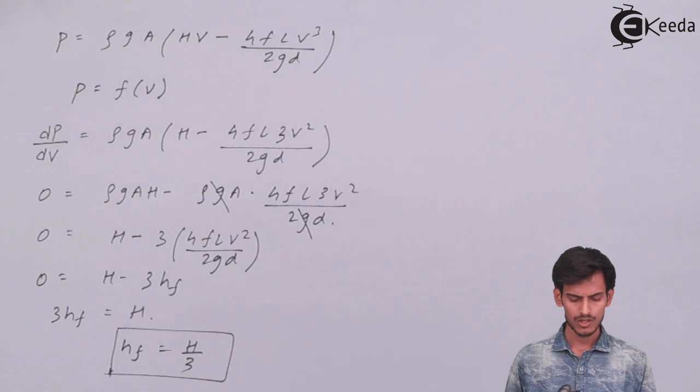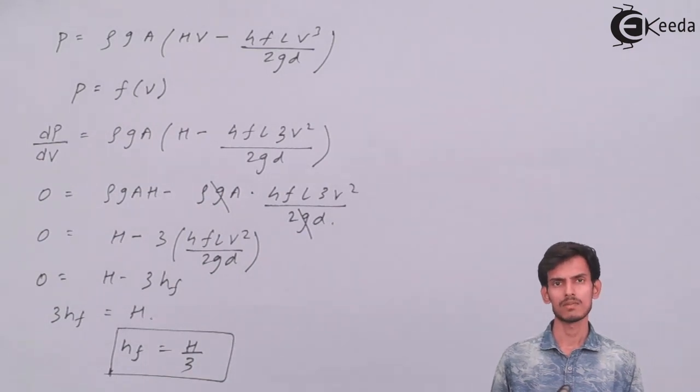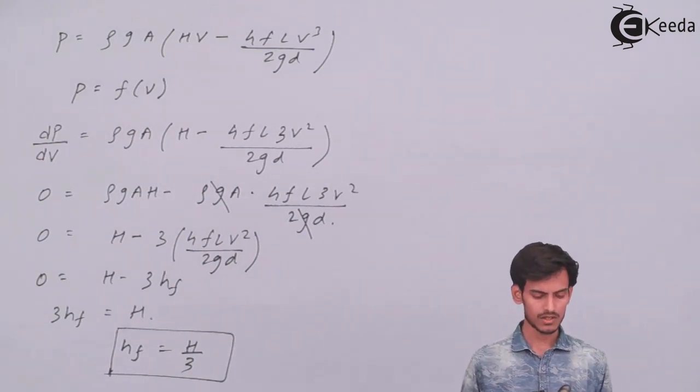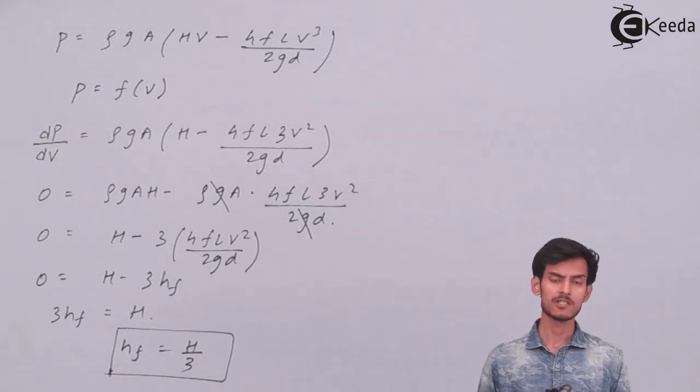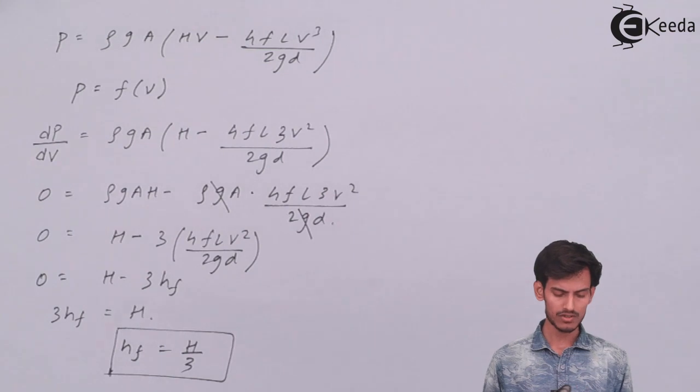So what we've got here is the condition for maximum power transmission. So hf is equal to H by 3 is the condition which has to be satisfied so that the power transmitted is maximum. So hf is H by 3.